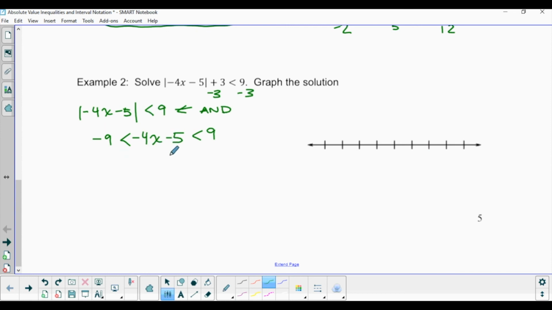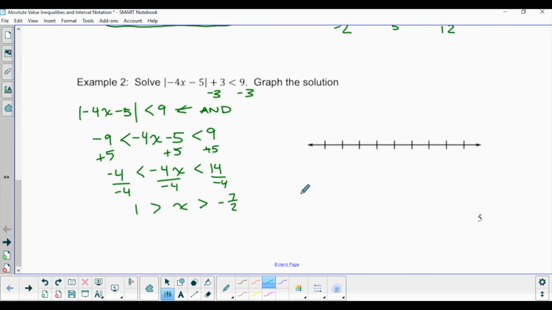So now I have a compound inequality to solve where I can add 5 to all the parts, and I get negative 4 is less than negative 4x, which is less than 14. And then I'm going to divide everything by negative 4. Because I'm dividing by a negative, I have to switch the signs. So I get 1 is greater than x, which is greater than negative 14 over 4, which is negative 7 halves.